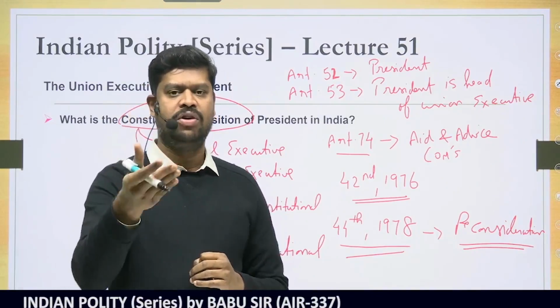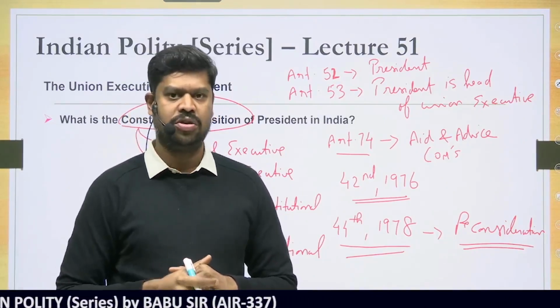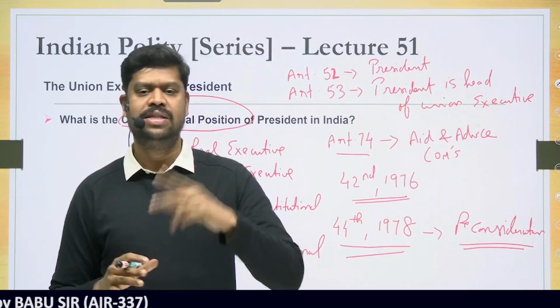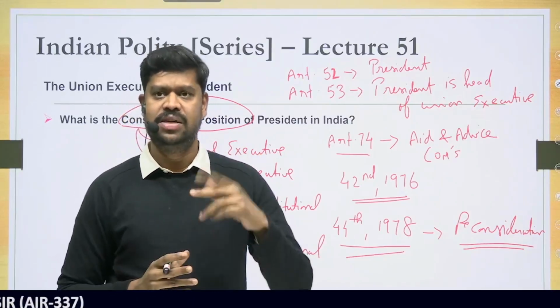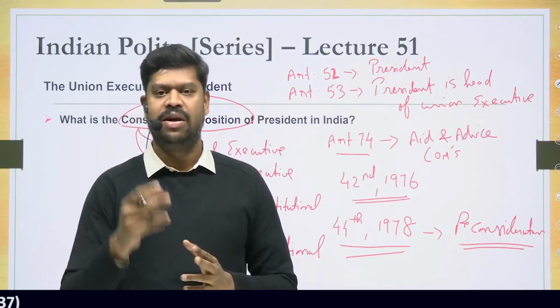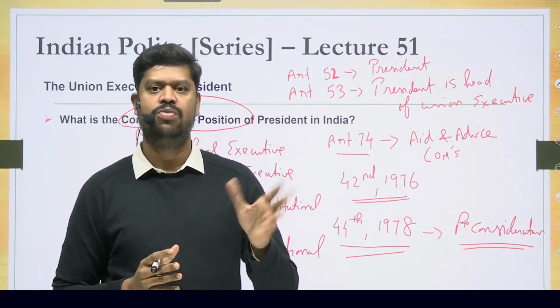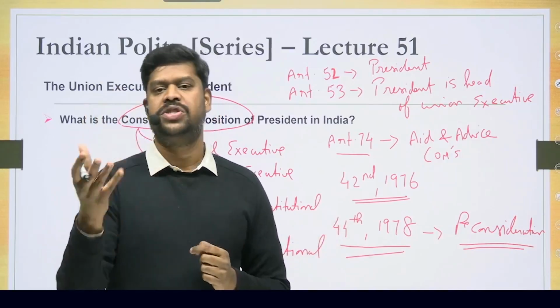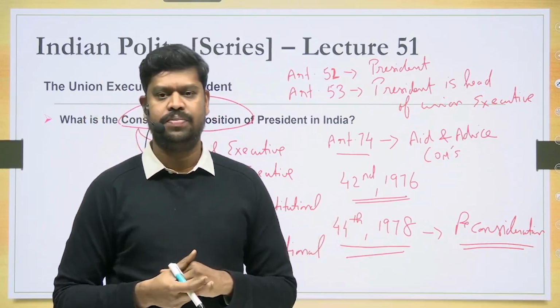At any point of time, if there is a no confidence motion or the government loses the majority, then this government can be dismissed by the President. And that's a discretion of the President. The President can dismiss the Council of Ministers the moment they lose the majority. Under such a situation he can do that. Otherwise, he cannot do that.